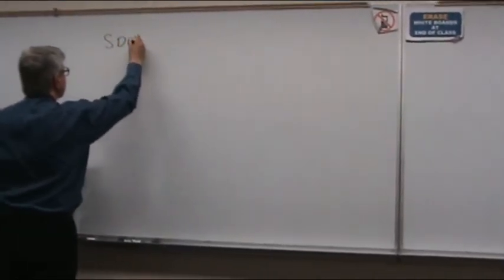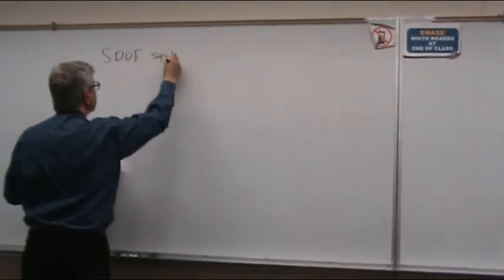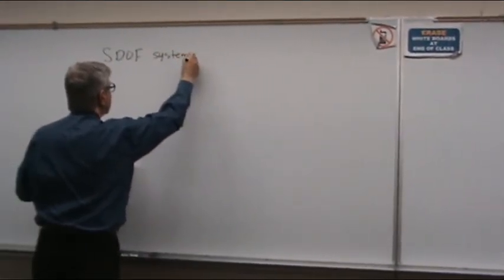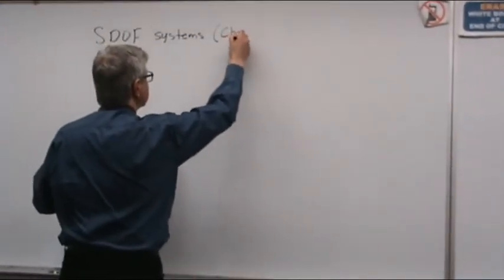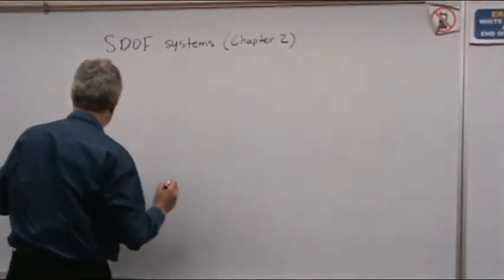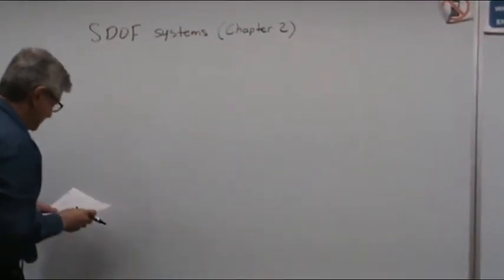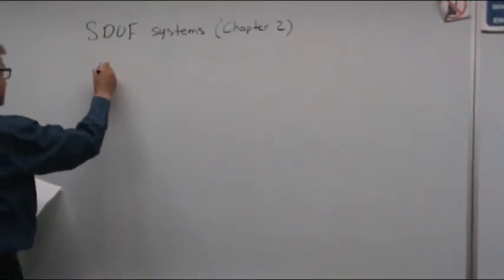In the book by Roy Craig, this is chapter 2. And we work with the derivation of the equations of motion first.